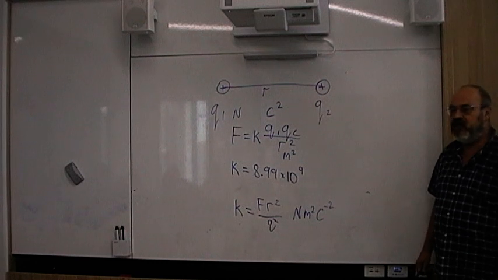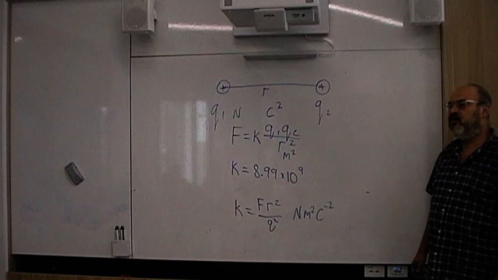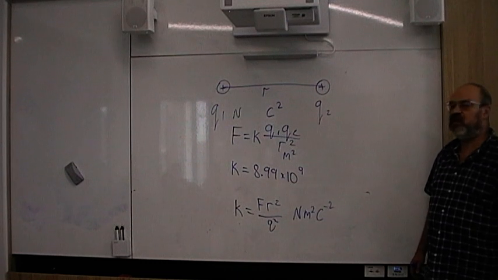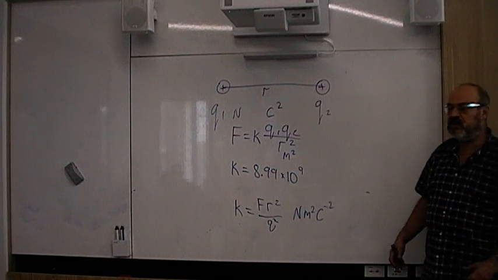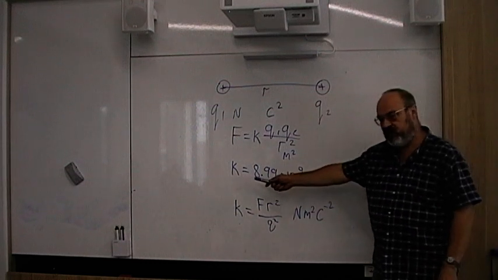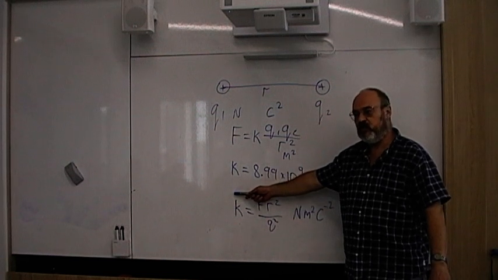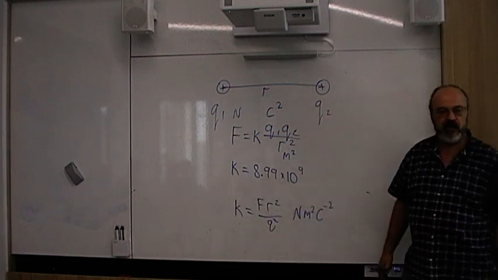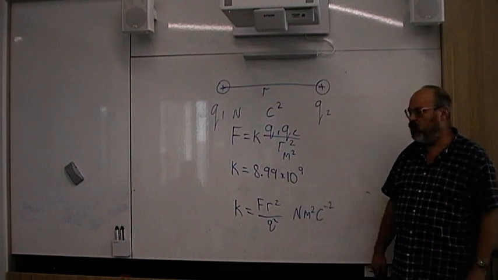But if the charges are in water, or inside some other medium, like glass, K will be different. It's affected by the properties of the medium, but that's beyond our course, so we should not worry about that. We will always have K as a constant.